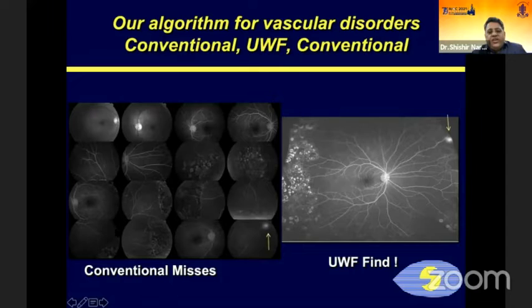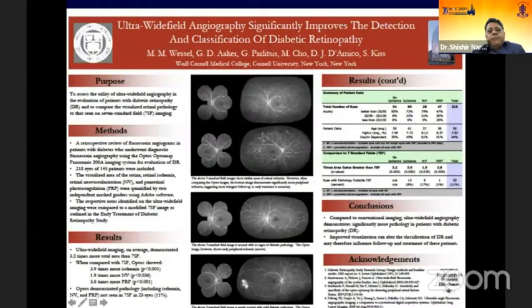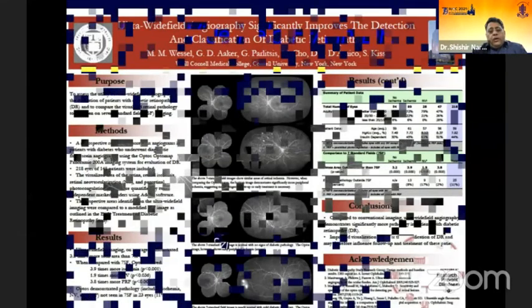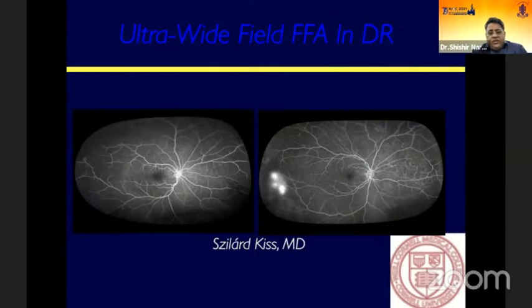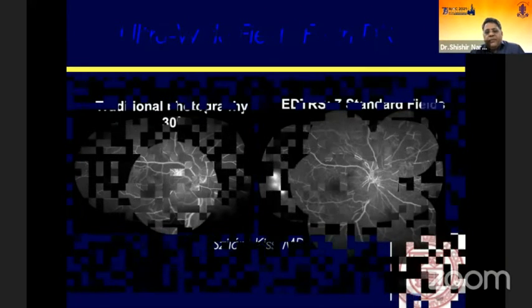So this was a conventional angiogram, and it missed a small NVE which was picked up on the ultra wide field, and quickly you can confirm it by the conventional angiogram. Now we know that diabetes is not just a mid peripheral disease. There is peripheral ischemia as well, as Sangeet had shown earlier in one of his slides. You can have an NVE beginning at the juncture of the mid periphery and the far periphery.